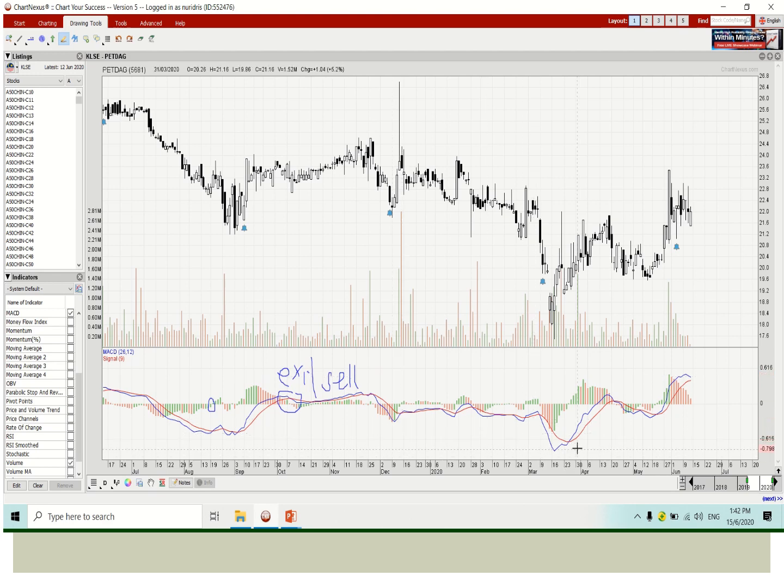Whereas for this one, when the MACD line crosses above the signal line, it gives you an indicator to enter the market or to buy the share.